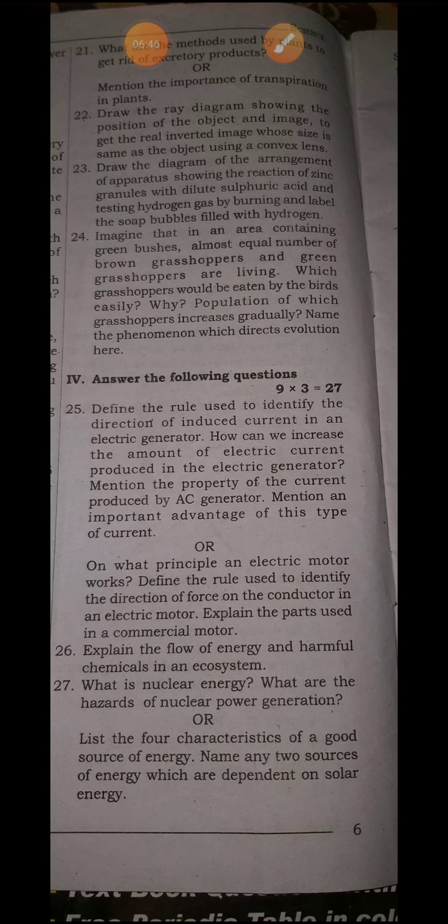Excretory products means the unwanted products which just go out of the plant, right? For example, we human beings eat and we excrete unwanted things, and when all the nutrition is absorbed from our food, the rest is excreted.